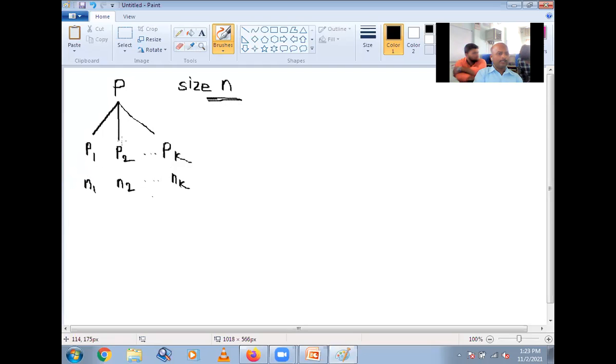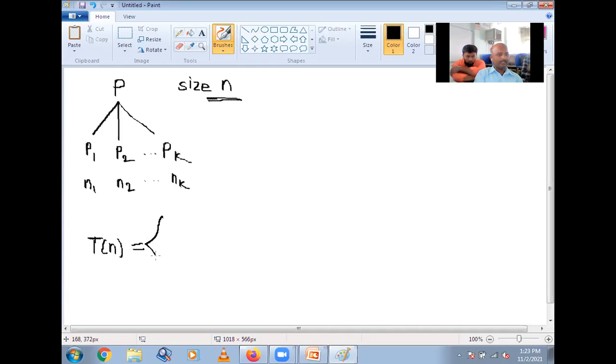Okay. Then the time complexity of solving this problem is T of N, where T is the time complexity and N is the size of that problem.